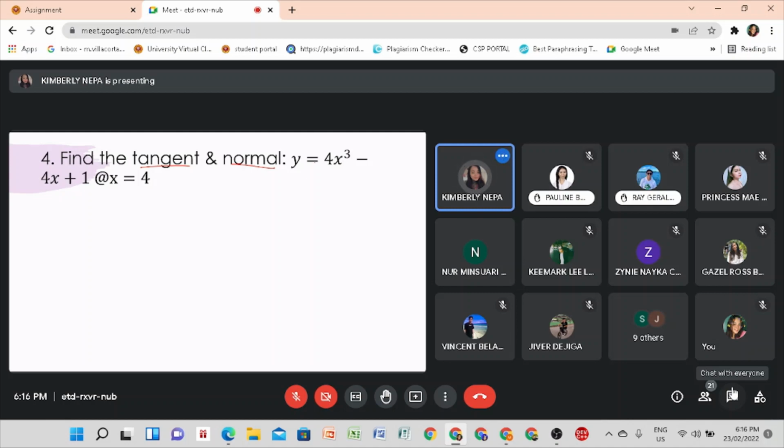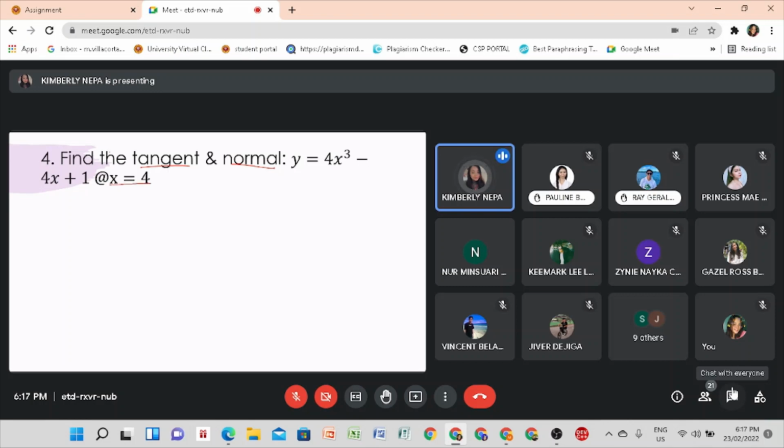Y is equivalent to 4x cubed minus 4x plus 1 at x is equal to 4. Again, only one point is given.